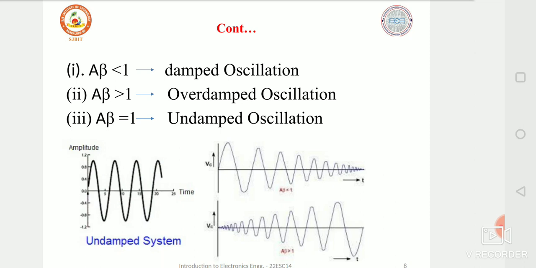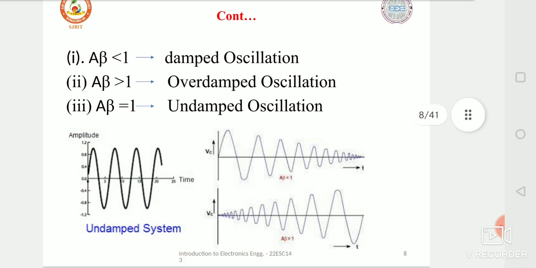You can see in the figure how the signal wave looks for undamped oscillation as well as overdamped oscillation. Here you can see the damped oscillation, where A beta is less than 1.